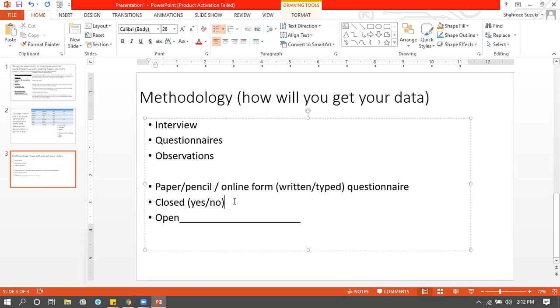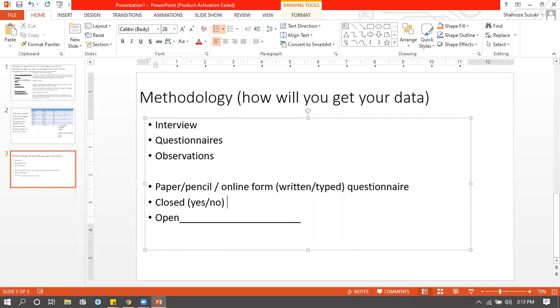There are other formats of closed-ended questionnaires as well. If you remember your biology, physics or chemistry papers, you get MCQ questions. These are also closed-ended questions, and the short answer questions you get are open-ended. So you can have an MCQ format as well, where there could be more than two choices.